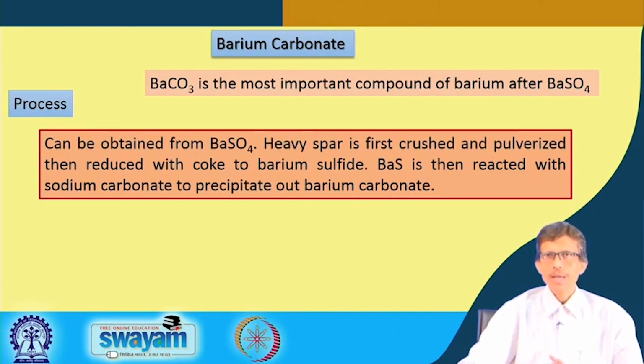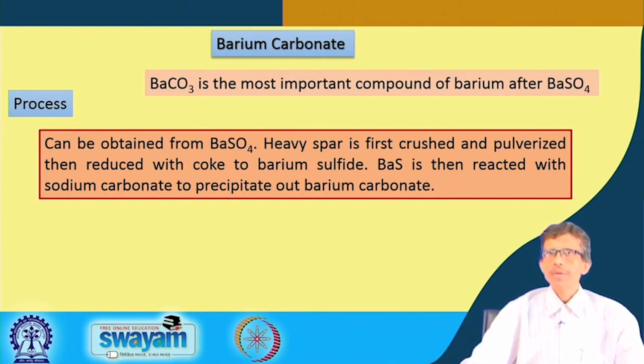First it is crushed, and after crushing we pulverize it until it is almost powder, and then carbon as coke is utilized for the reduction process.